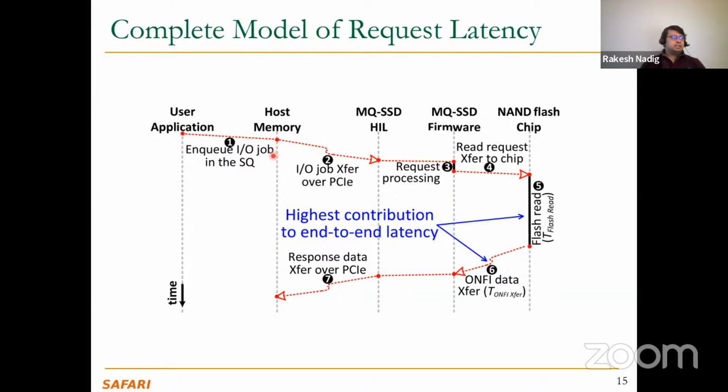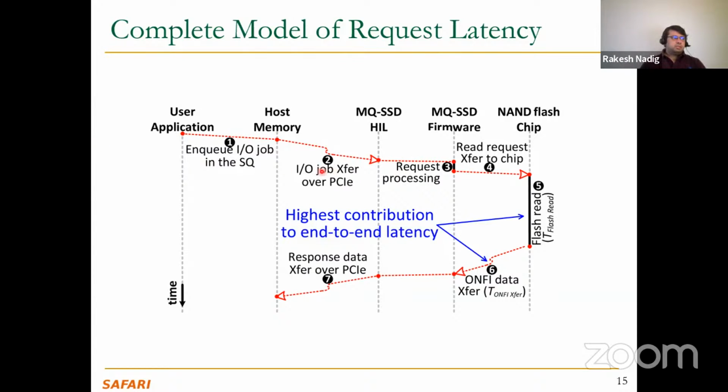The first thing that happens is that the request gets enqueued in the submission queue. There are two queues between the host and the device: one is called the submission queue, and the other is the completion queue. The request is put into the submission queue, and when the request is processed, an entry is put into the completion queue.